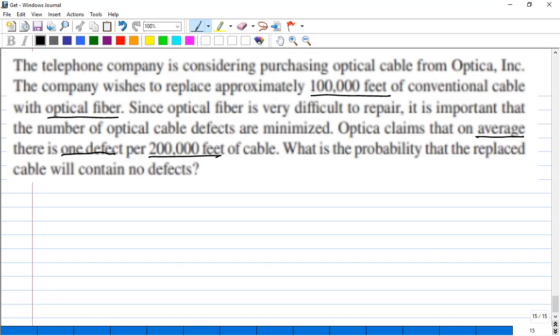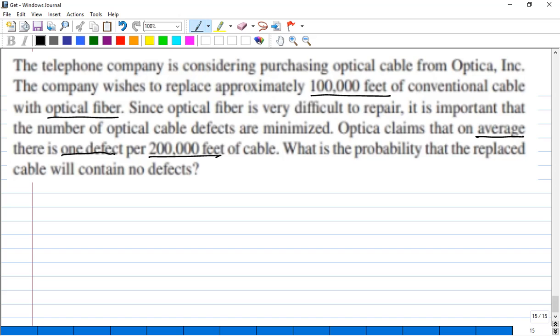Okay. So if it tells us that it's going to replace 100,000, then on average, how many defects would that be per 100,000 feet? If you have 1 per 200,000, how many is that per 100,000?